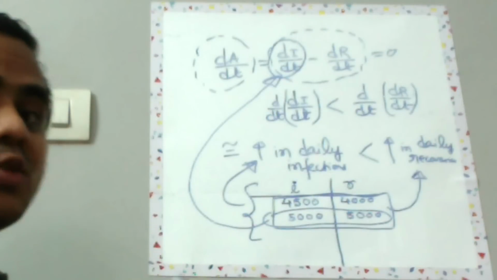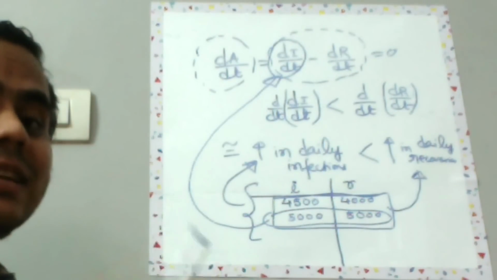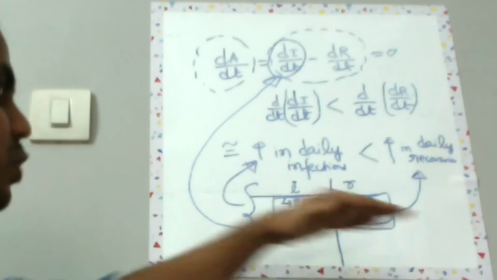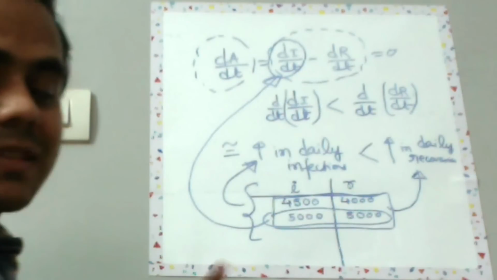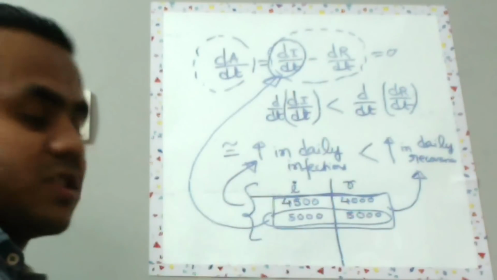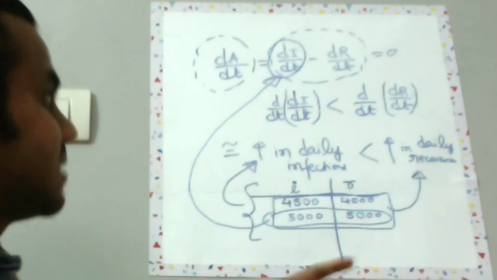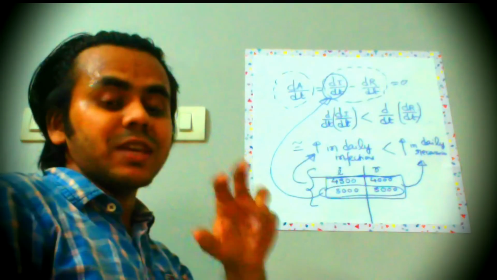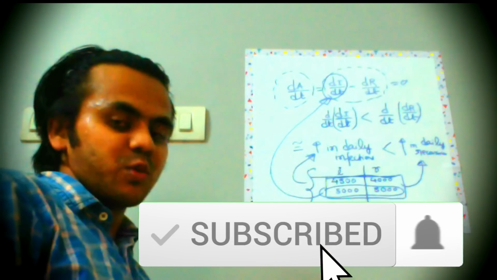Now this gives you an idea that when can you say that you are near the peak of total active infections. If today's infections and recoveries are the same and previous day's infections is greater than the recovery, then you can say that these two conditions are satisfied and we have a concave kind of a growth and we have reached the peak of the concave growth.